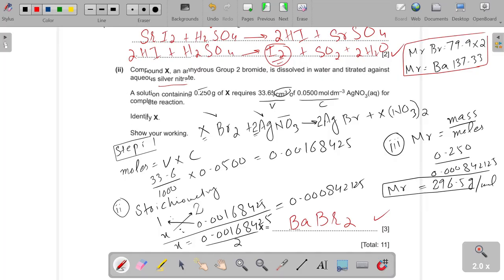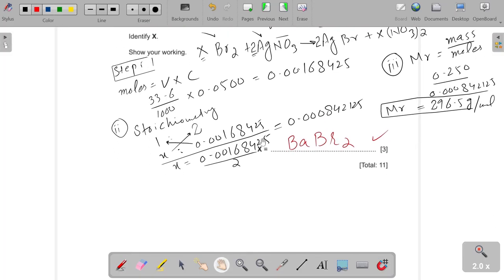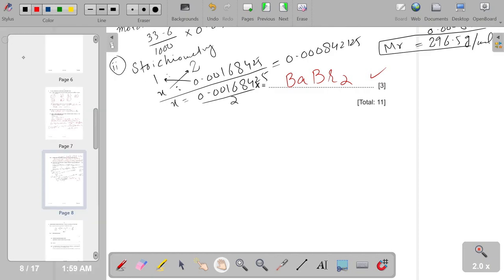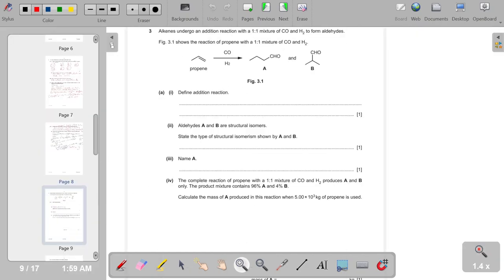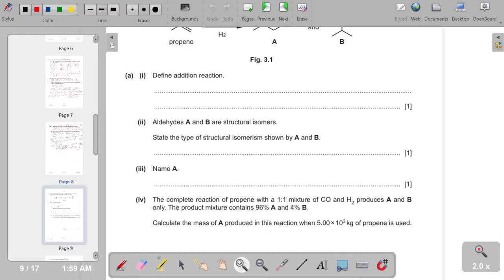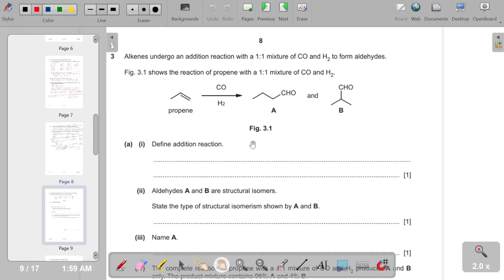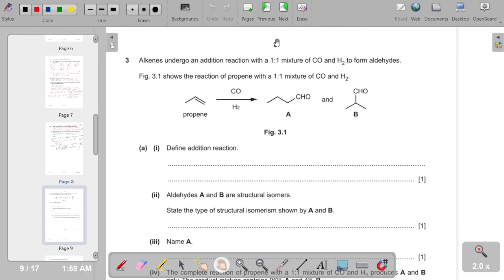Okay, so now the next question is from organic. An alkene undergoes addition reaction with the 1:1 mixture of CO and H2 to form aldehyde. So now you can see we have this alkene here, and here we have carbon number 1, carbon number 2, carbon number 3, and carbon number 4. Define addition reaction.